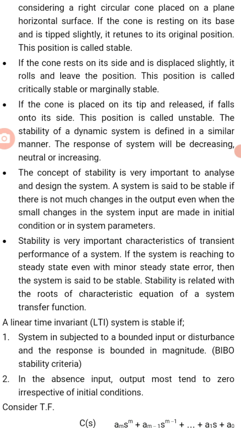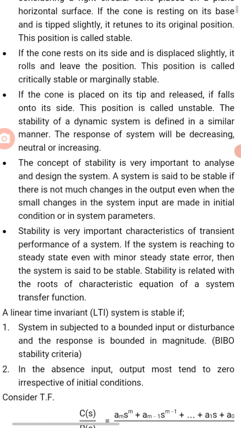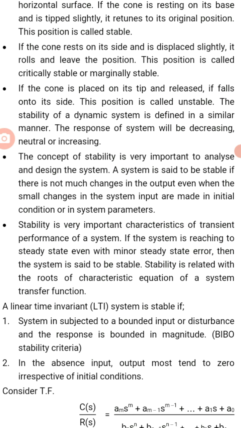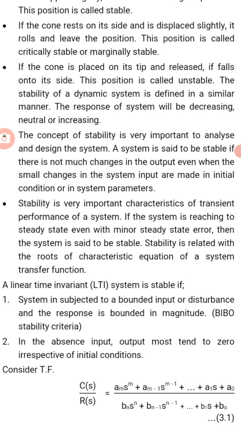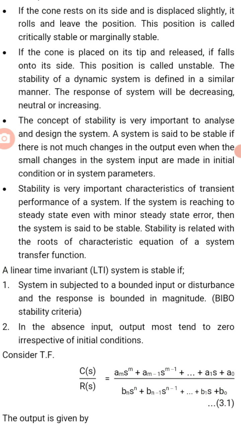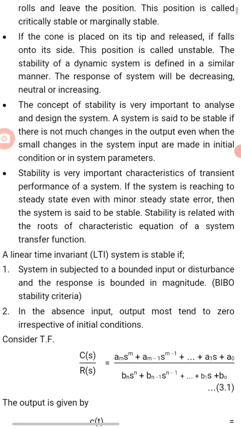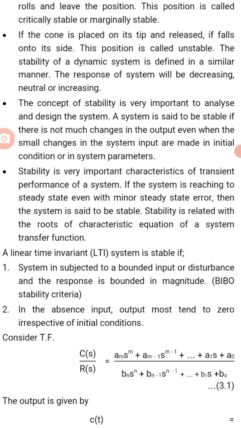A system is said to be stable if there are not many changes in the output, even when small changes in the system inputs are made in initial condition or in system parameters. Stability is a very important characteristic of the transient performance of the system. If the system reaches steady state even with minor steady state error, then the system is said to be stable. Stability is related to the roots of the characteristic equation of a system transfer function.